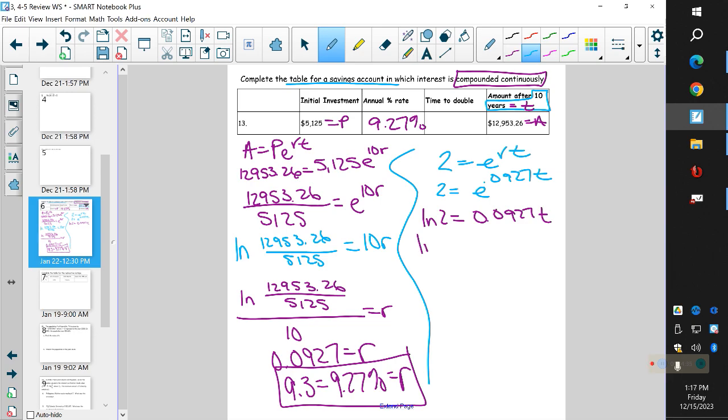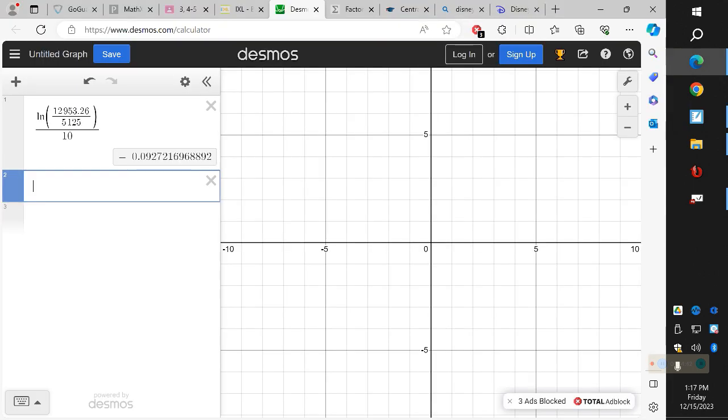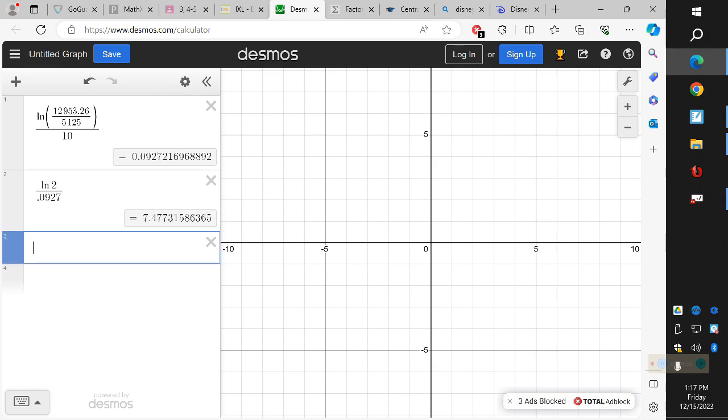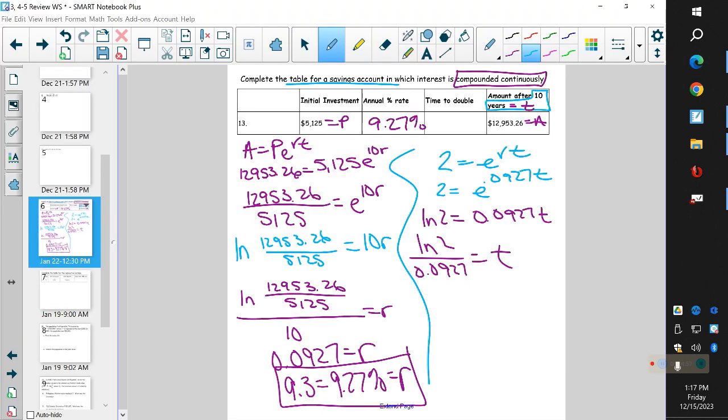Divide by that, so the natural log of 2 divided by 0.0927 is equal to the time. Yes? So I come over here and I type natural log of 2, and that's going to be divided by 0.0927. And how long does it take for it to double my money? 7.48 years. 7.48 years is fine.